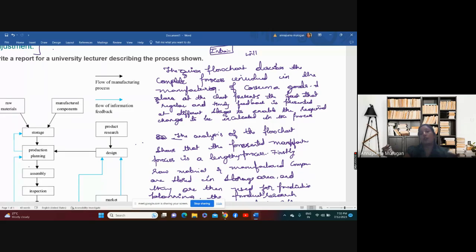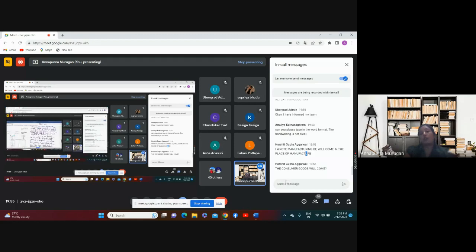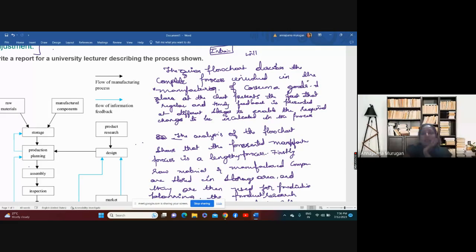So can I move on to this one? The consumer goods will come. See, we are directly using manufacture of consumer goods. This is a complete subject here. Manufacture of consumer goods is a complete subject. Hence, we are using that particular phrase.